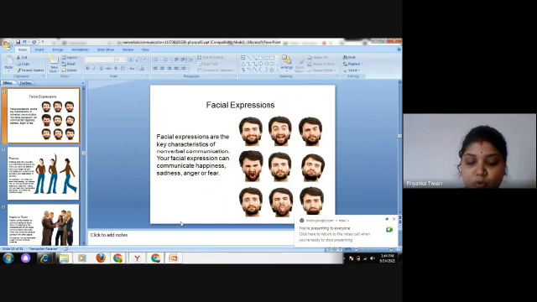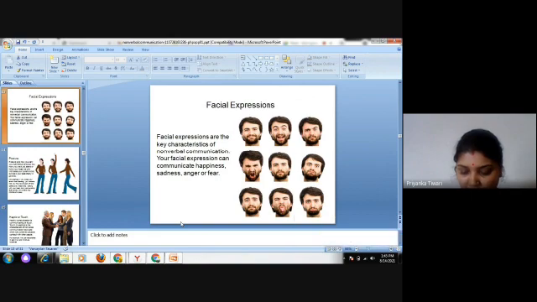So characteristics of language: evolutionary, dynamic and not static, a complex whole system of systems, and morphology, phonology, semantics, syntax. Morphology is the study of the formation of words, phonology is the sound system, semantics is the study of meanings of words, and syntax is the arrangement of words in a sentence.